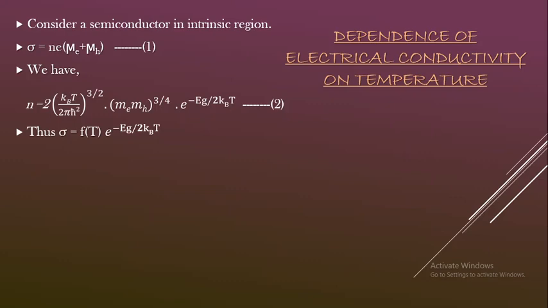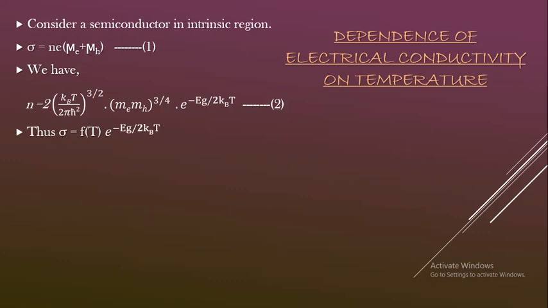So we get sigma equals 2 times (k_B T by 2 pi h-bar squared) whole raised to 3 by 2, into (m_e m_h) whole raised to 3 by 4, into e into (mu_e plus mu_h) into exponential of minus E_g by 2 k_B T. Here we have two different terms that depend on temperature: one is T raised to 3 by 2 and the other is the exponential term.